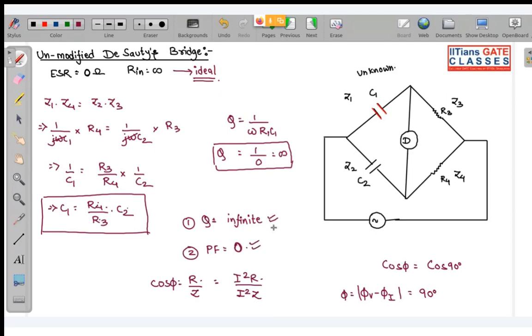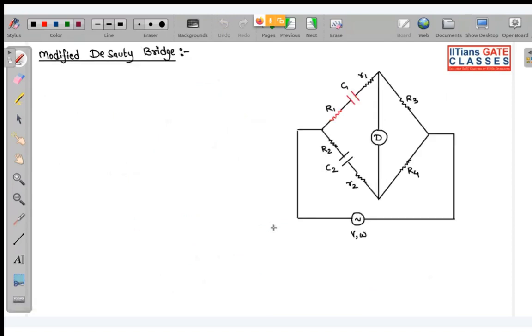What I have assumed is that ESR, the equivalent series resistance, is 0 ohm and R insulation is infinite. But R insulation is very, very high. You can never expect this to come down because insulation has very high resistance.